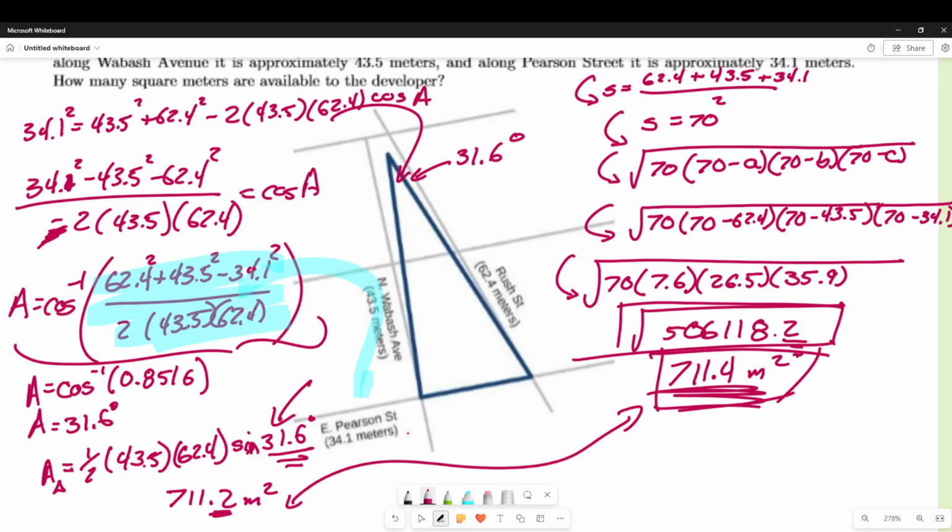So they do come up. It is handy, particularly that 1/2 AB sine C, or side cosine angle, or sine angle. Anyway, using that version of the area formula can be really handy in lots of applications. So it's a nice thing to kind of be wandering around with.